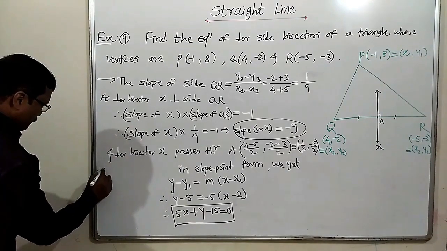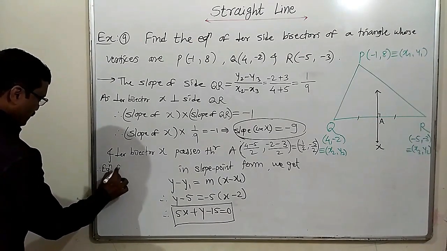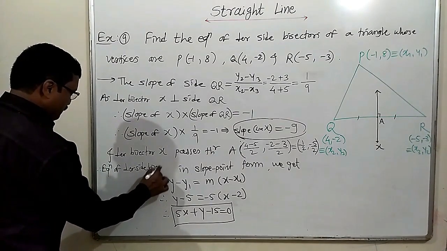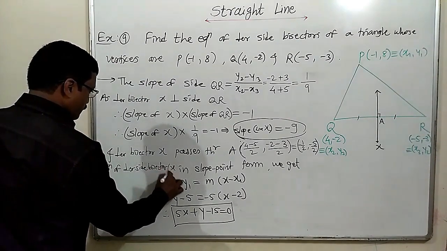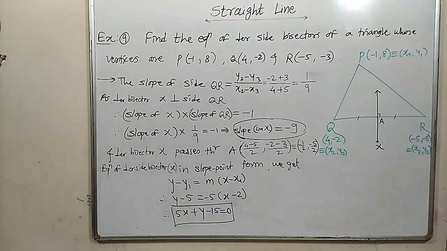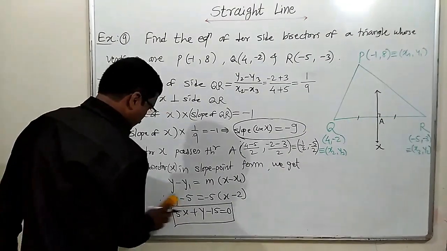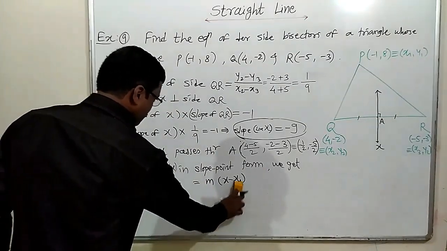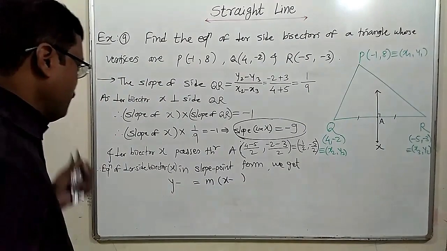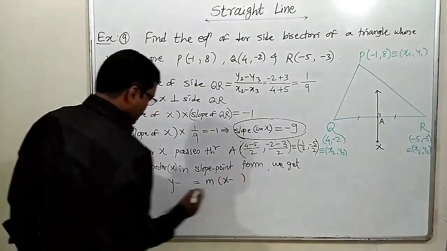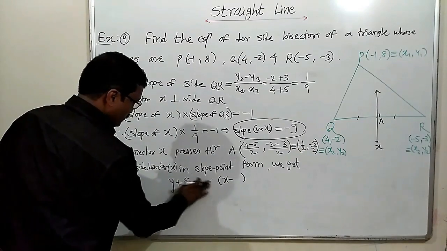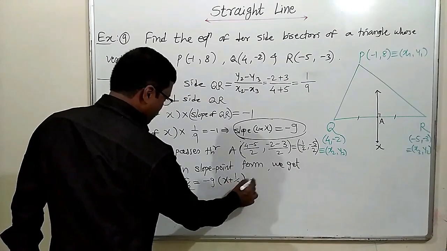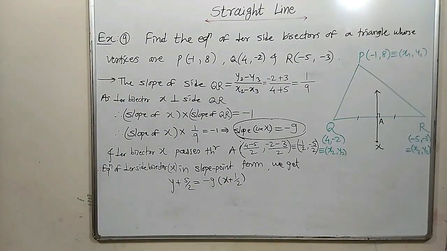Therefore, the equation of the perpendicular side bisector X in slope-point form, we get this as y minus y1. y1 is our -5/2, that is plus 5/2, equals slope -9 into x minus -1/2, that is plus 1/2.